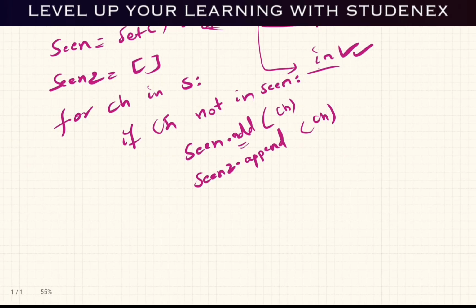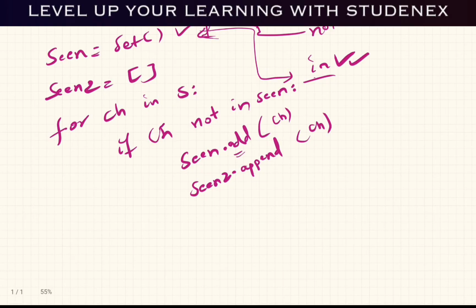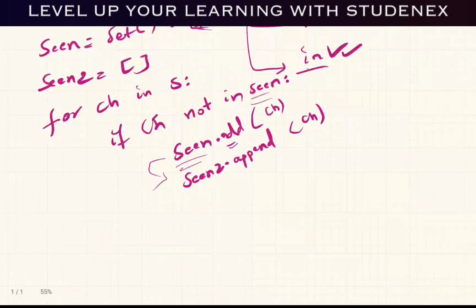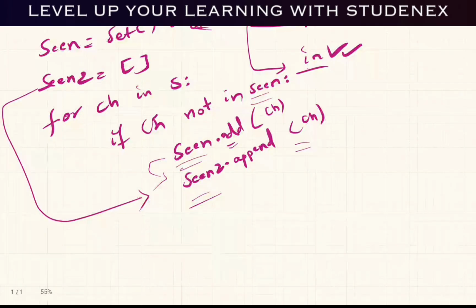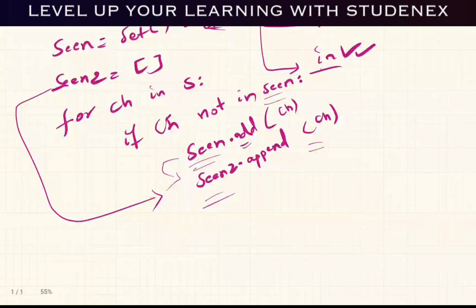So this is what happens. I check whether this character exists in seen, in our set, or not. If it is not, I add this character to seen, and I also add this character to seen2, which is basically an array. Now I've got the whole values, so we need to return those.